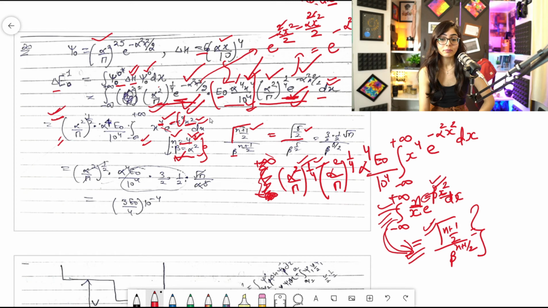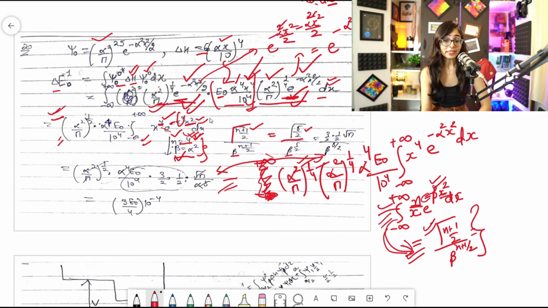I will write beta only for now and replace it afterwards. You can put alpha square here also, or afterwards. It will not make any difference. I have taken beta only, and I'll put alpha square later on. Clear? So n plus 1 by 2, n is 4 again.